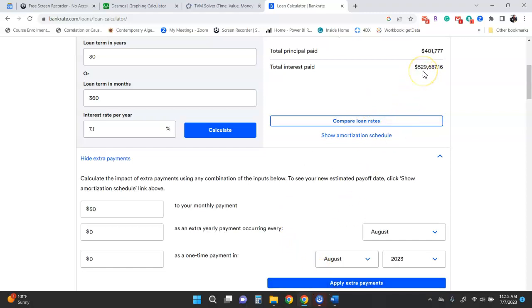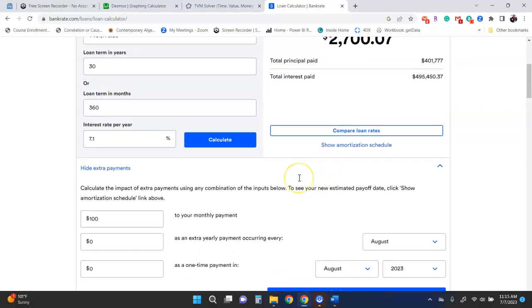We've reduced that from $570,000 to $529,000. So just that little bit extra each month can really pay off. If we do $100 more a month, we apply that, and we're now down to $495,000 in interest. Any little bit is helpful if you can ever make a little bit more.